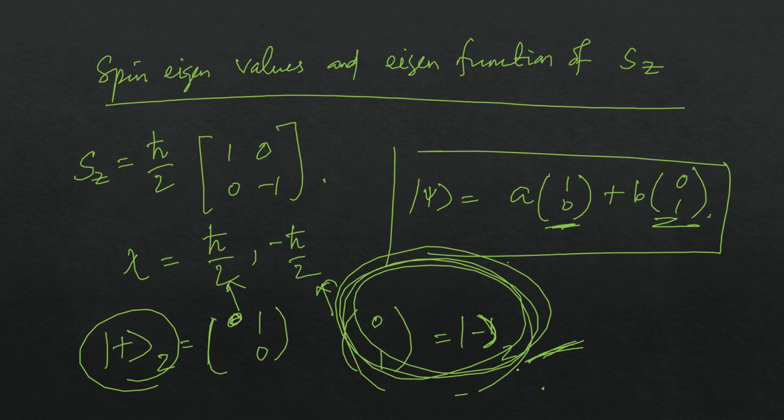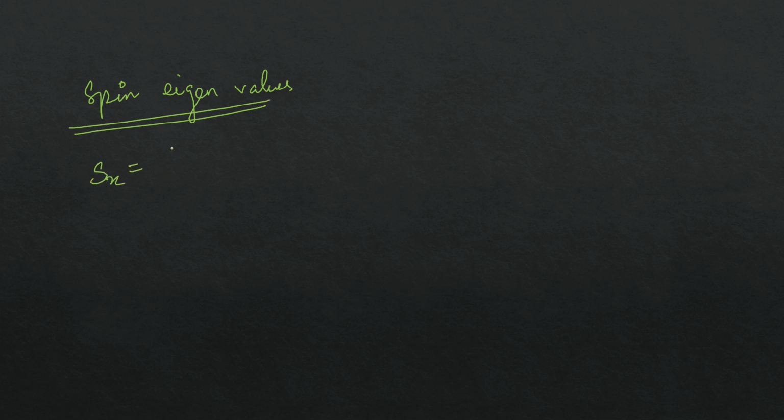Now spin eigenvalues. Sx is equal to h cut by 2 times 0 1, 1 0. We know that, right? So lambda is equal to h cut by 2 and minus h cut by 2.